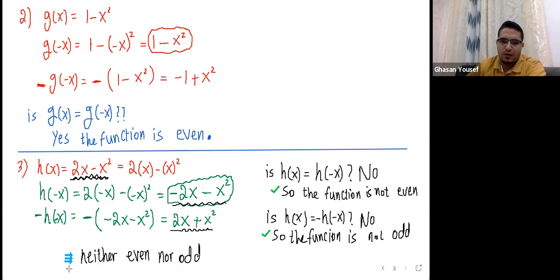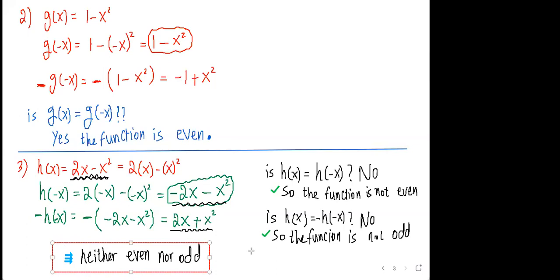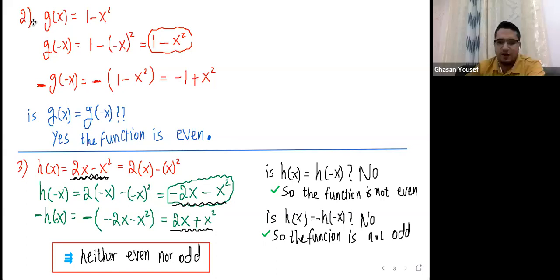So with the even and odd functions, here we finish this section. So this section is finished.